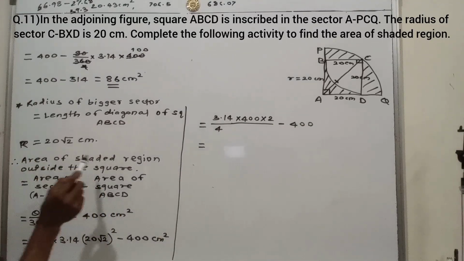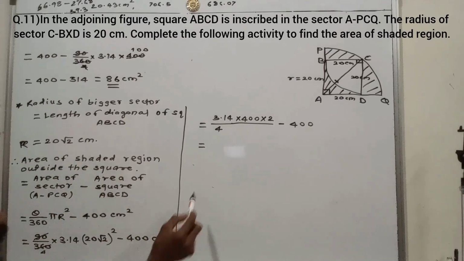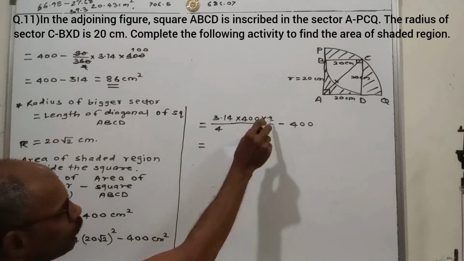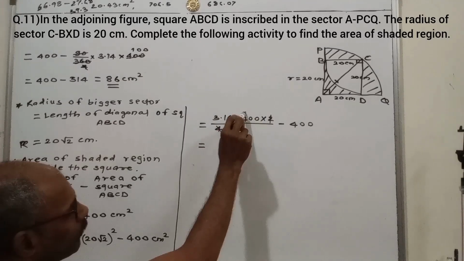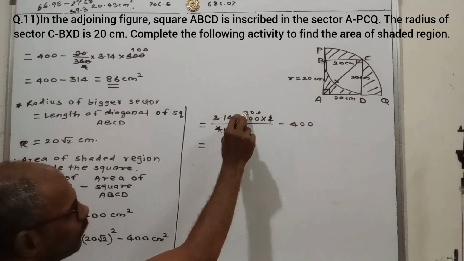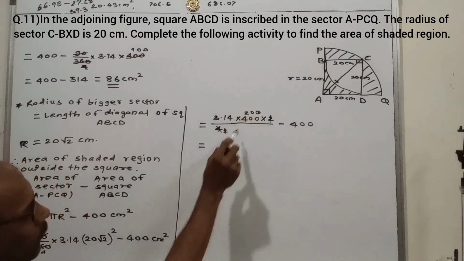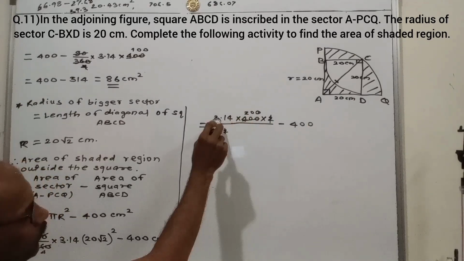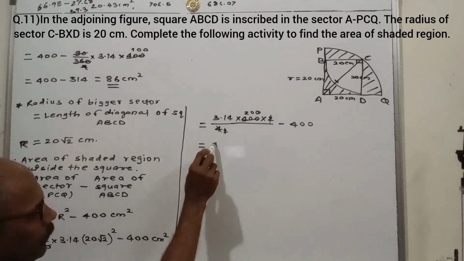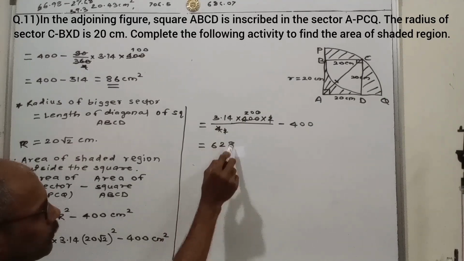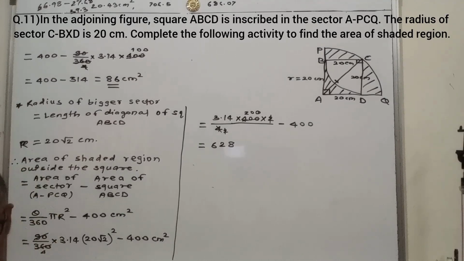Therefore, area of shaded region outside the square is equal to 200 into 3.14, which means 628.